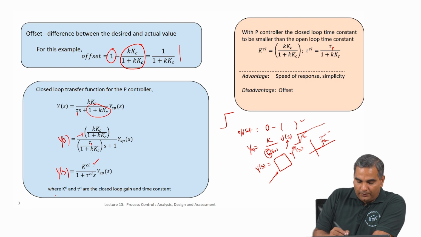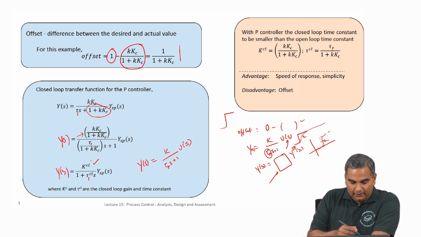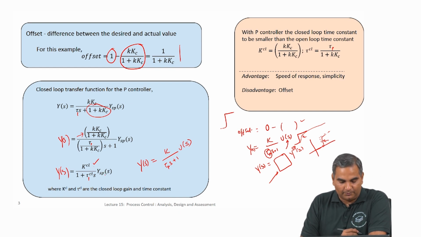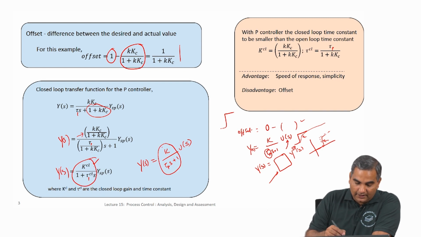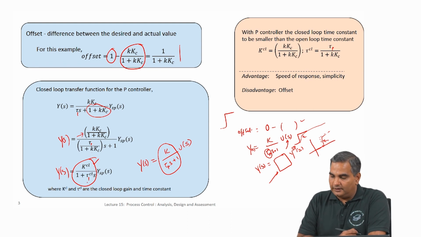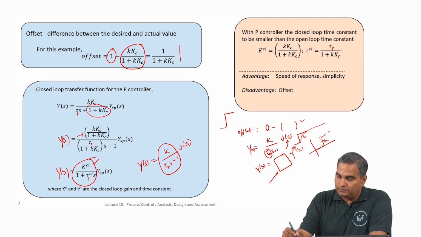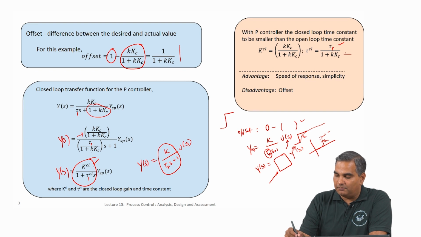In the open loop, the transfer function was y of s equal to k by tau p s plus 1 times u of s, and in the closed loop it is y of s equals k closed loop divided by tau p closed loop s plus 1, times y set point of s. So this is also a first order transfer function, except that the gains have changed and the time constants have changed. And if you look at the time constant in closed loop, it is the open loop time constant divided by this number here.